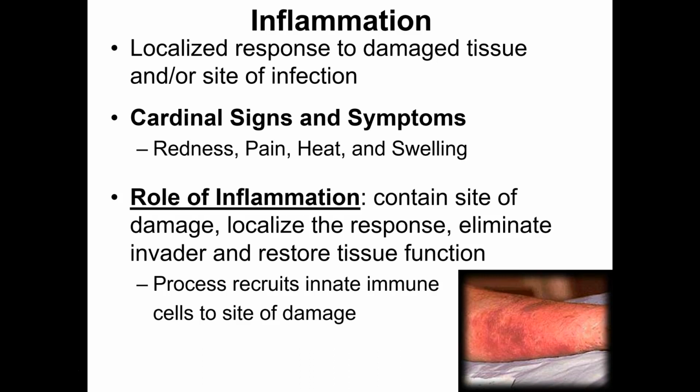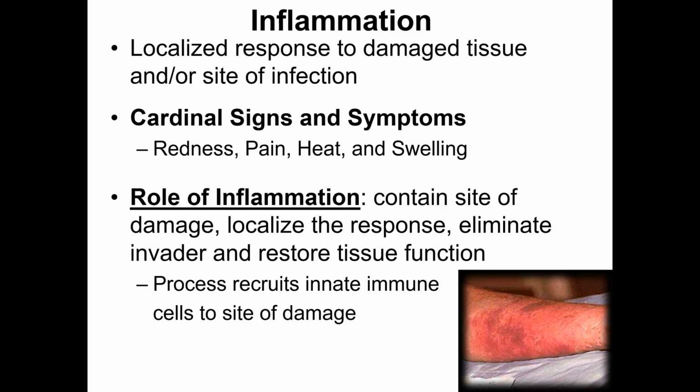And it is uncomfortable. It is painful, and when you cut yourself, you seem to bleed like crazy for a little while because of inflammation. But these all have important roles in the immune response. So, why do we need inflammation? Well, it does 2 major things. One, it localizes the damage.